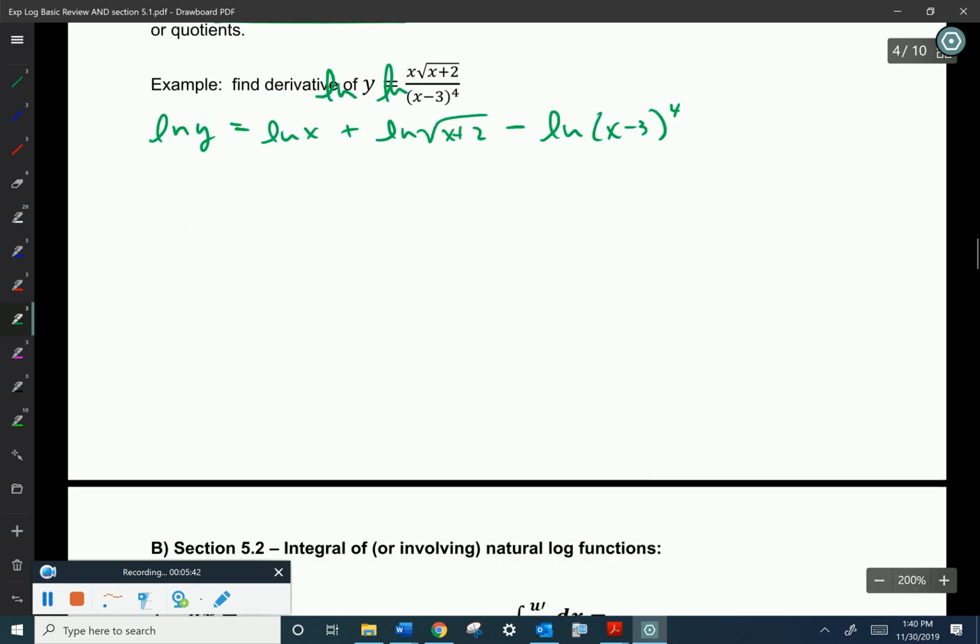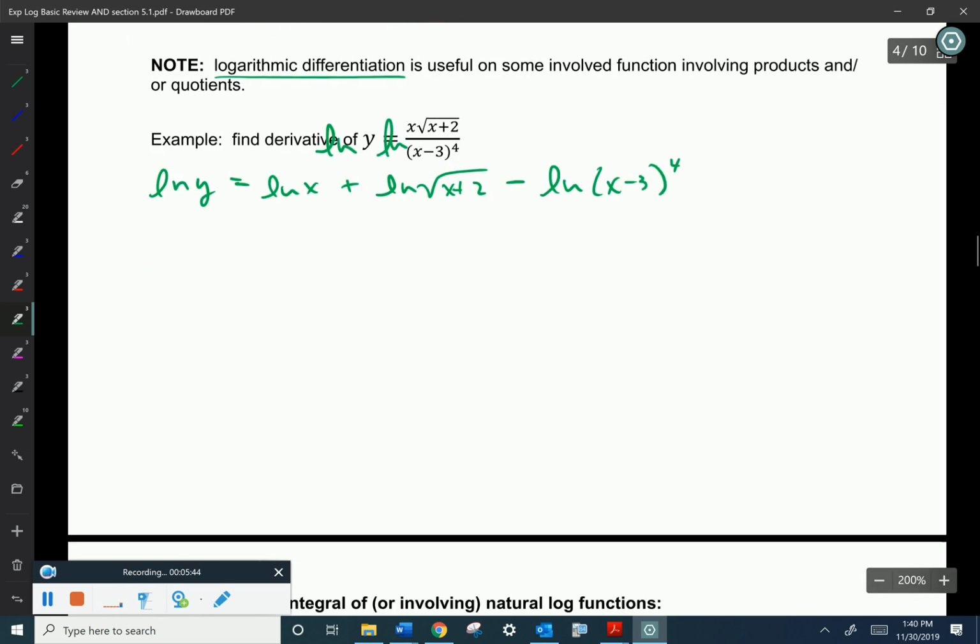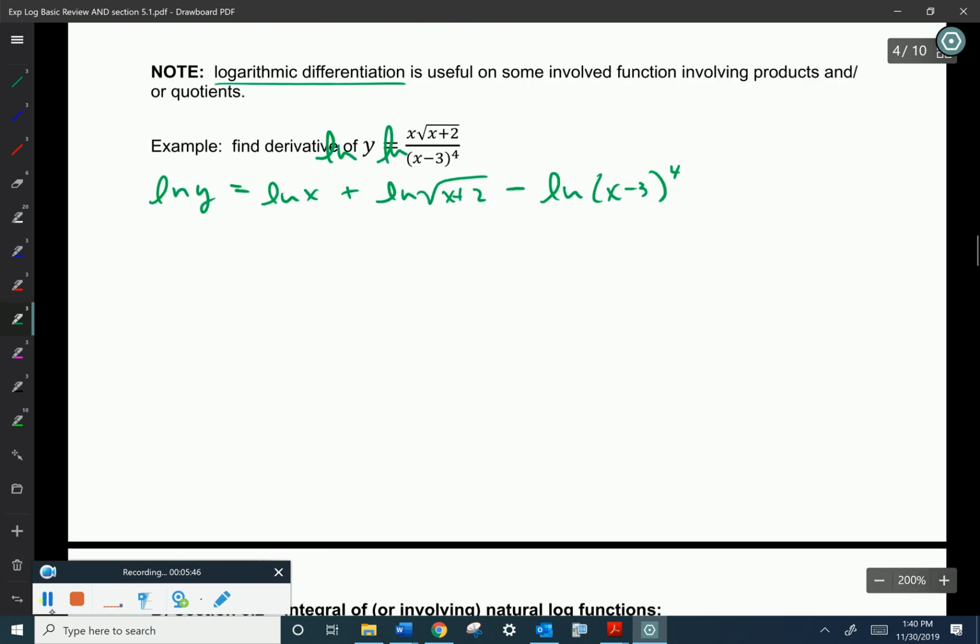Okay, now I could go ahead and do a derivative right now, but why don't I clean this up even more? Why don't I bring the 1/2 down in front? Why don't I bring the 4 down in front? So what I have is log of y equals log of x plus 1/2 log of x plus 2 minus 4 log of x minus 3.